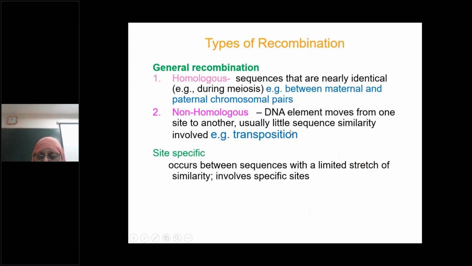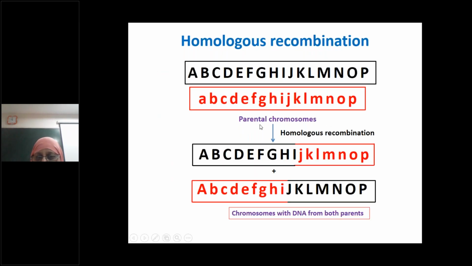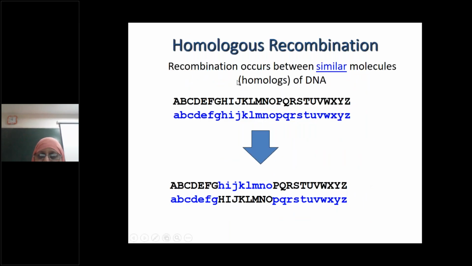As in the definition we gave previously, sequences that are nearly identical exchange information. So the sequence from this chromosome will be shifted to this chromosome, and you can see they again have identical sequences. Recombination is occurring between similar molecules and between similar sequences. Again, this is the same example we have seen.